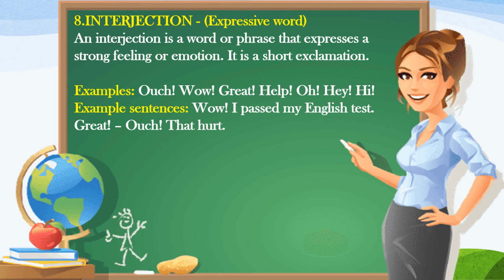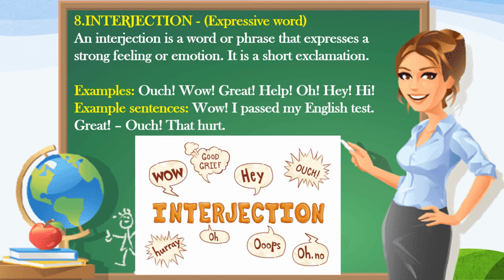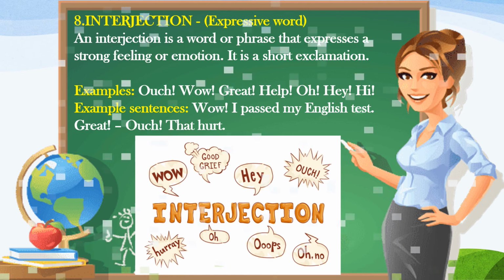So when I say ouch, it conveys the meaning of pain, something hurt or hurts. There are some more interjections: wow, hey, oops, oh no, hooray! Yes, they are very expressive, by the way.